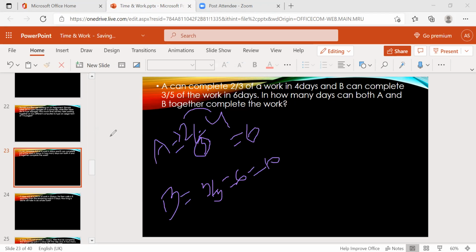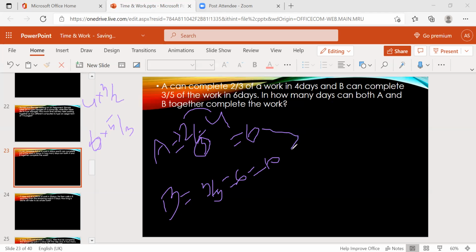Otherwise, you can calculate directly: 4 into 3 by 2, the inverse of this, and 6 into 5 by 3, the inverse of this. Both are easy. This is the time-saving way, so you can directly calculate like this.